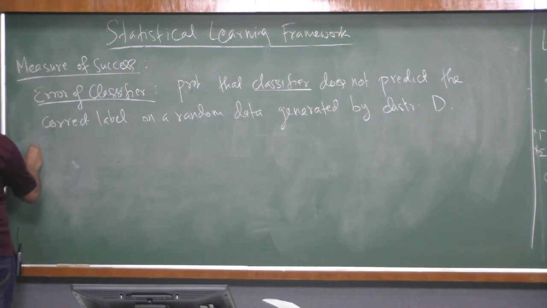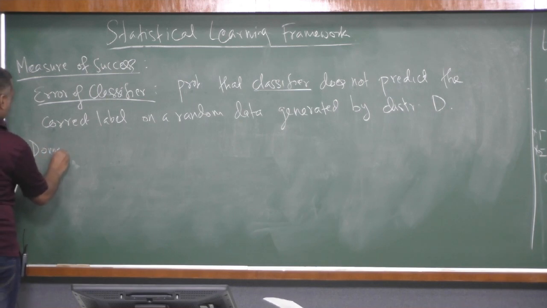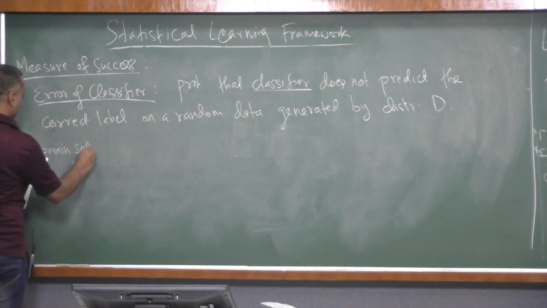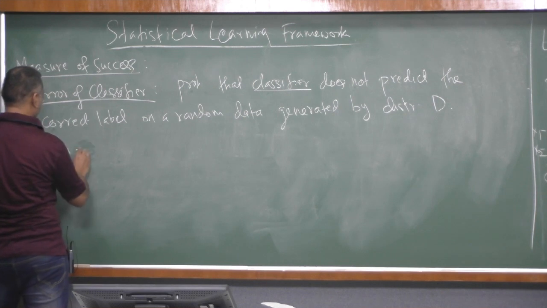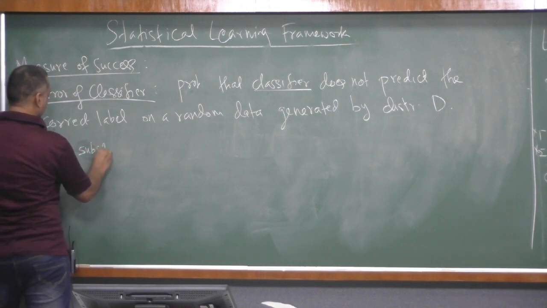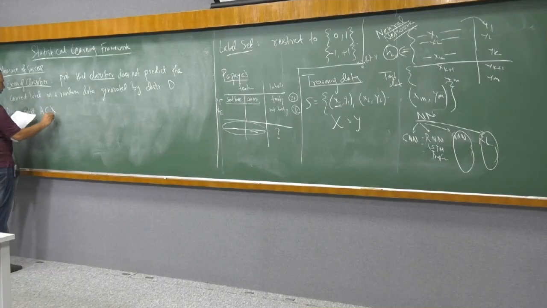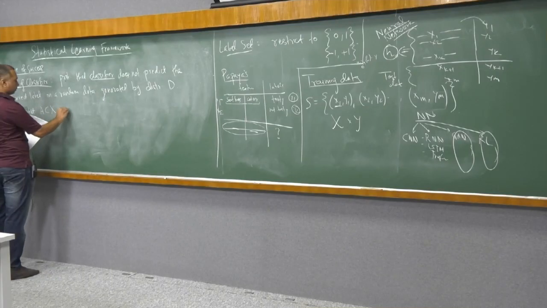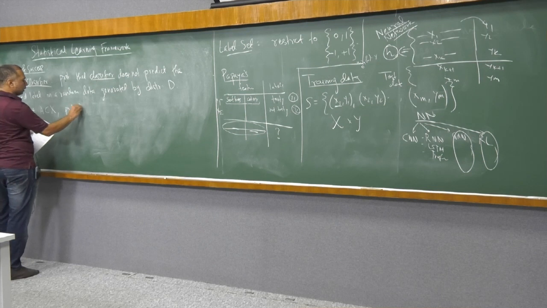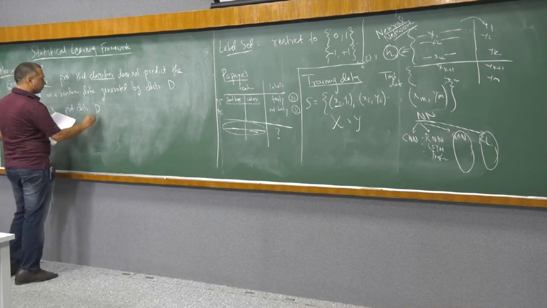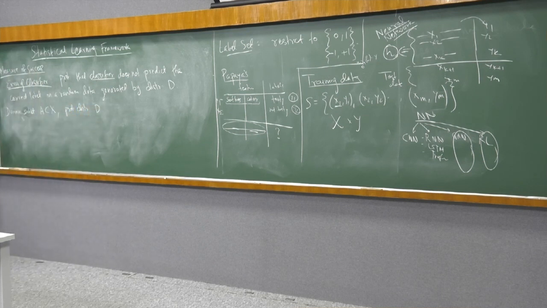We can define something called domain set, or domain subset actually. Domain set we have already defined. Let us say domain subset is A, which is a subset of X, and it follows the probability distribution D.